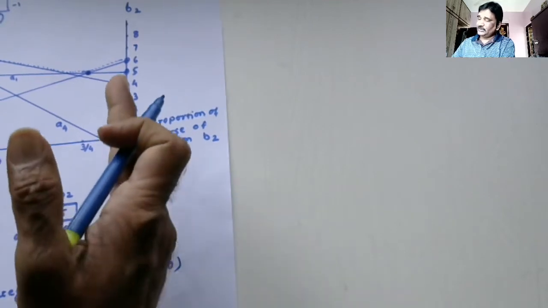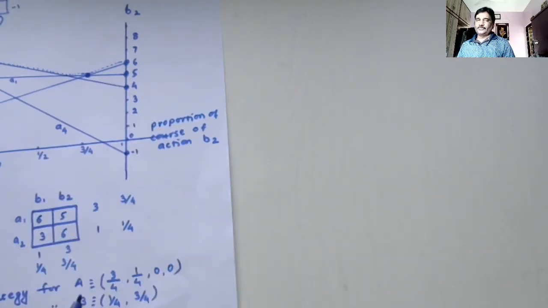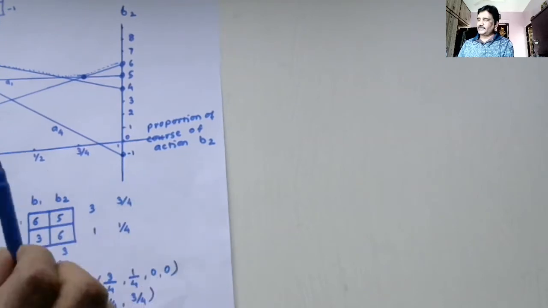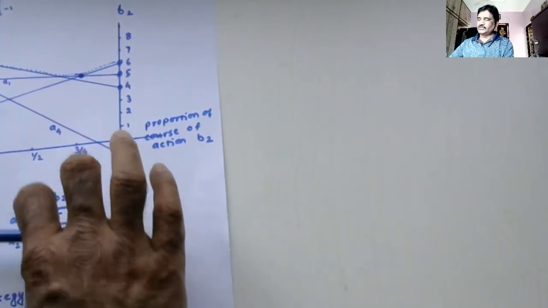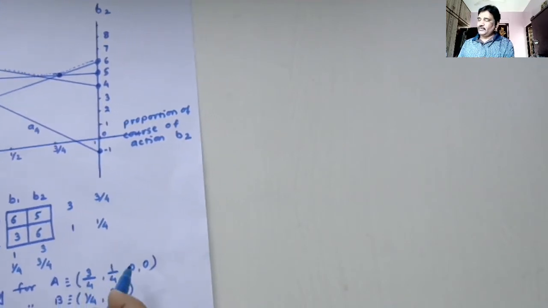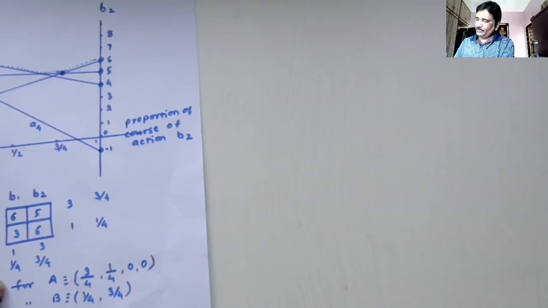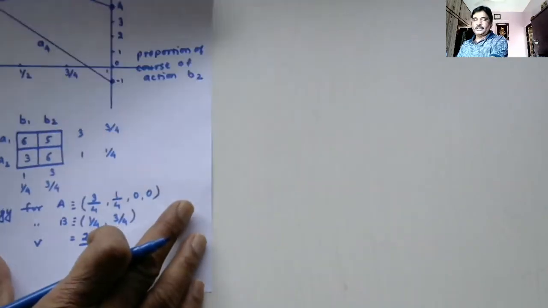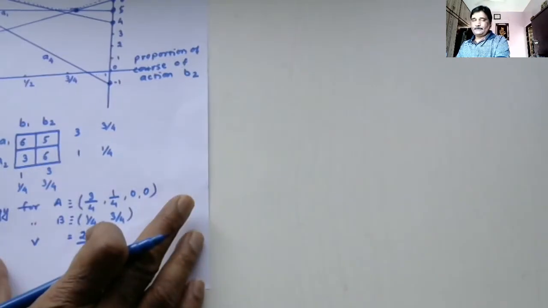What is the game value? You do any one computation of the sum of the products, this multiplied by this, or this multiplied by this. So what is it? 15 by 4 plus 6 by 4, that is 21 by 4 is the game value. 21 by 4. All right, the game is solved.